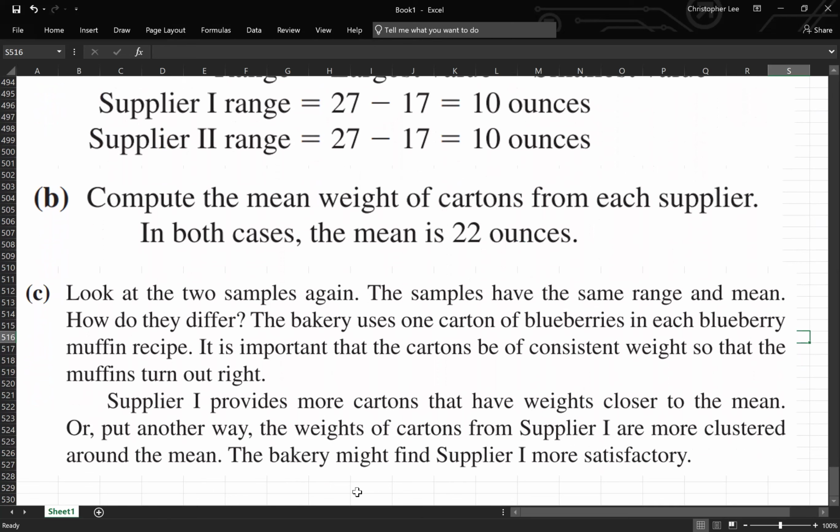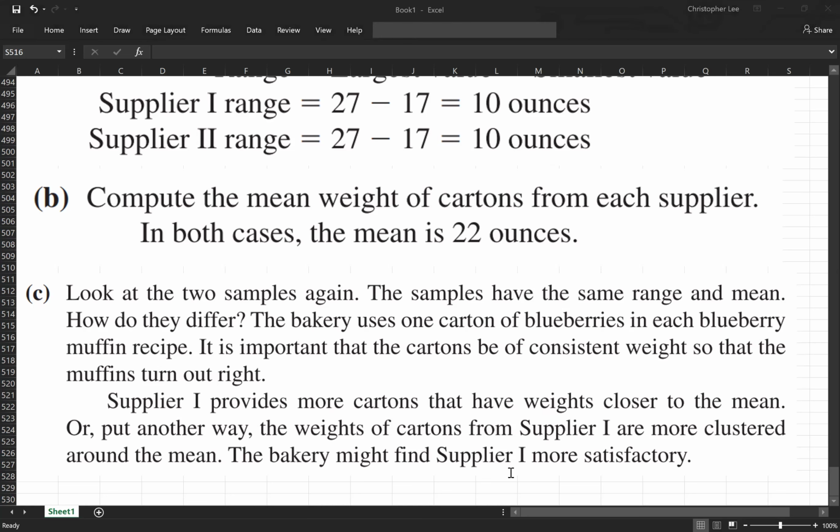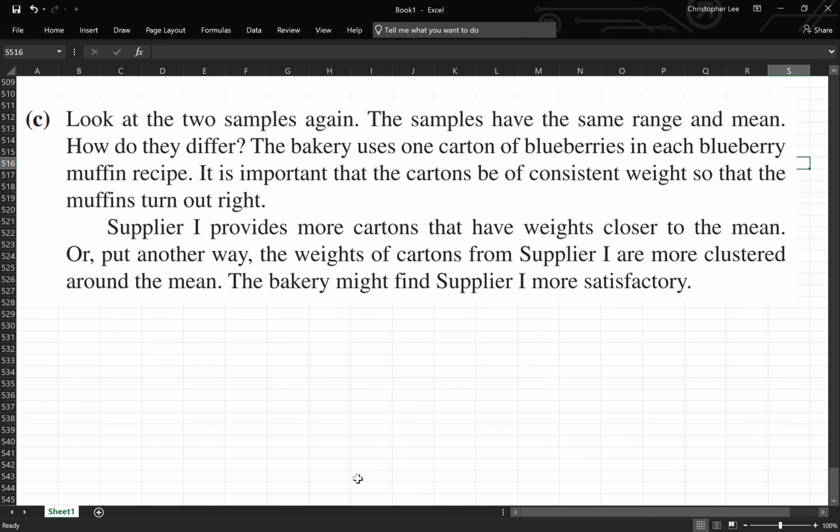So the bakery might find supplier one to be more satisfactory than the other one. All right. This makes sense? Yes. Okay. We don't want no muffins with less than adequate blueberries in them.